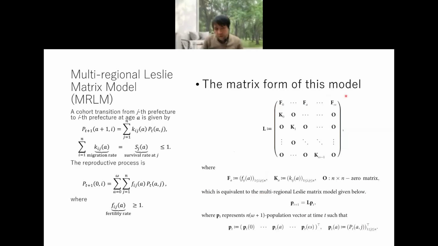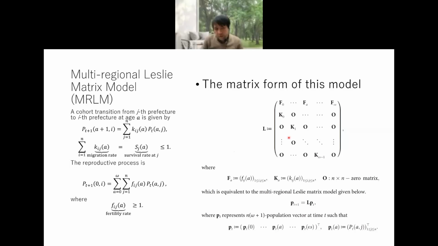The reproduction process is also generally based on fertility rates across regions. In matrix form, the fertility and the survival rate entries in a conventional Leslie matrix are represented by a matrix that gives the transitions between prefectures.